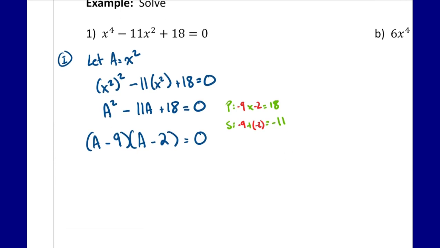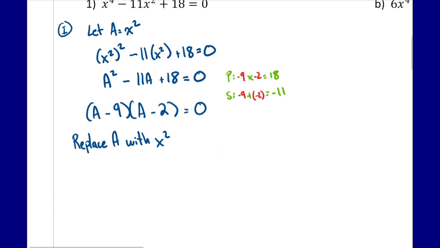Now that I've factored this, I can replace a with x squared. I'm basically just putting it back in. I replaced it with a placeholder, and now I'm putting it back in.